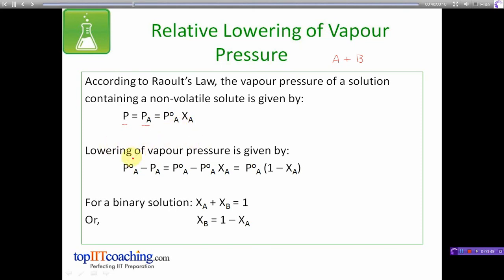So the lowering of vapor pressure will be the vapor pressure of the solvent in pure state minus the vapor pressure of the solvent in solution state, that is P°A minus PA.